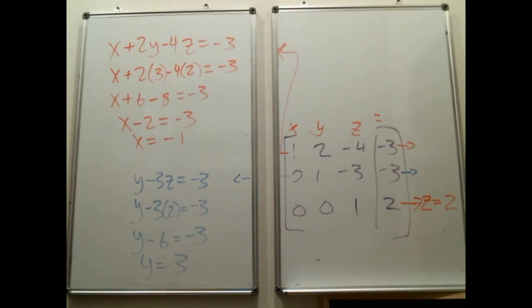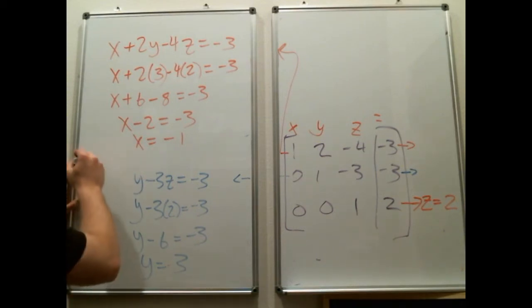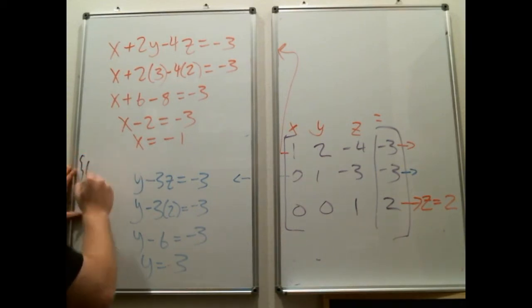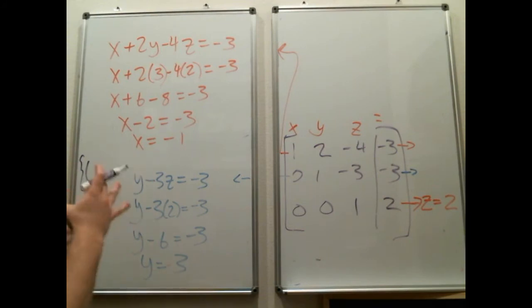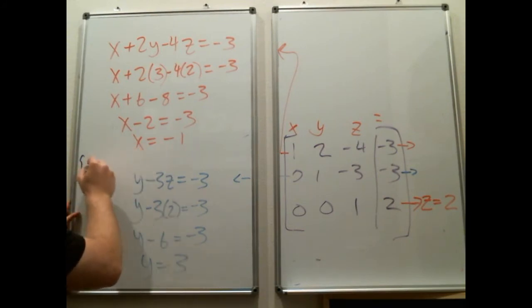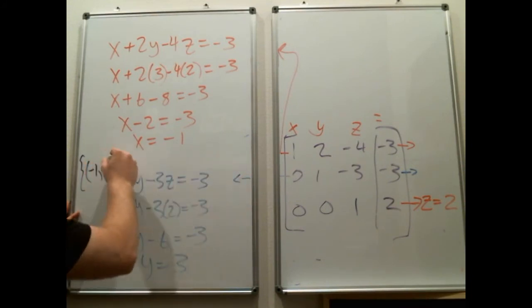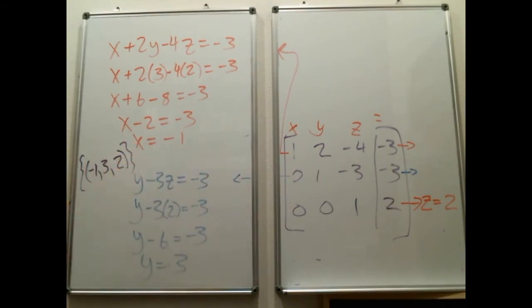You would write it with these squiggly lines, and it's a point now. It's in 3 dimensions: negative 1, x, y, and then z. So this point represents the intersection of those 3 equations at the very beginning. Alright, we'll do some more examples.